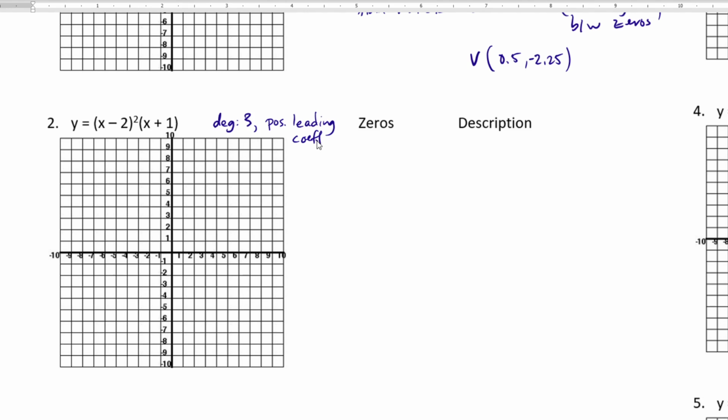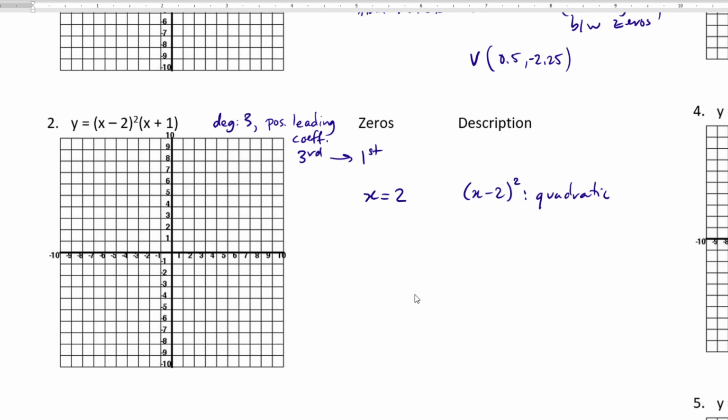So what that tells me is that it is going to go from the third quadrant to the first quadrant because it has a positive leading coefficient and it's degree 3. But let's take a look at the zeros. The first zero is x is equal to 2. And the description of that zero, well, because that factor is x minus 2 squared, it's going to behave like a quadratic, or a parabola, through that zero.